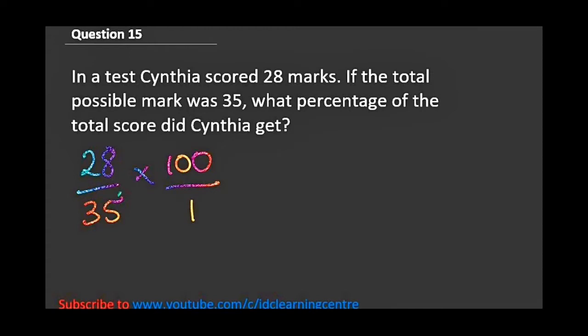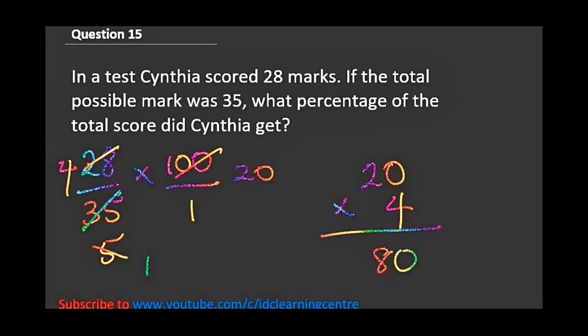Divide both sides by 7. 35 divided by 7 is 5. 28 divided by 7 is 4. 5 into 100 is 20. So 20 times 4 will give me 80. Now this is the percentage, it's 80%.